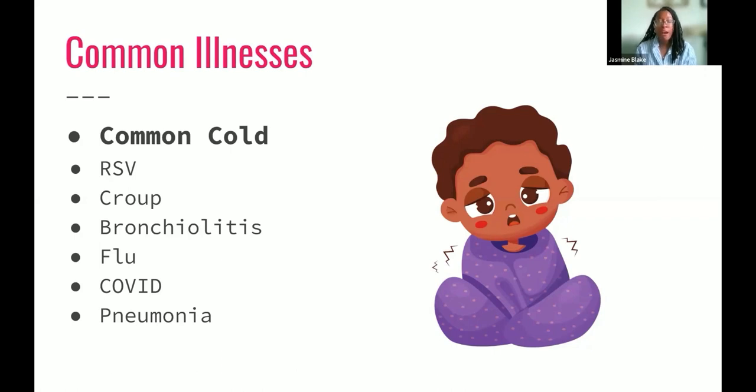The next three, RSV, croup, and bronchiolitis, are mostly in children. Some of them do occur in adults too, but this group of three viruses or illnesses are very common in children. RSV, or respiratory syncytial virus, is a type of virus that does occur in adults as well, but it's more symptomatic in children and in older adults.